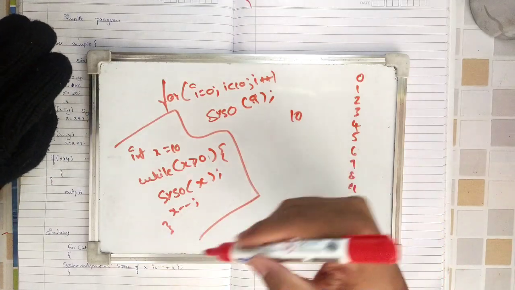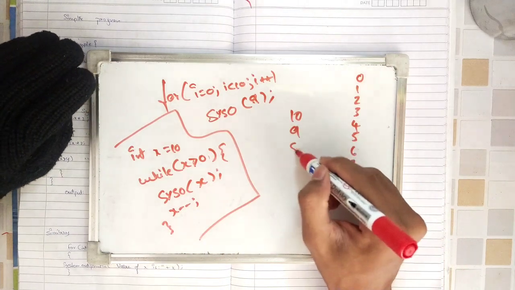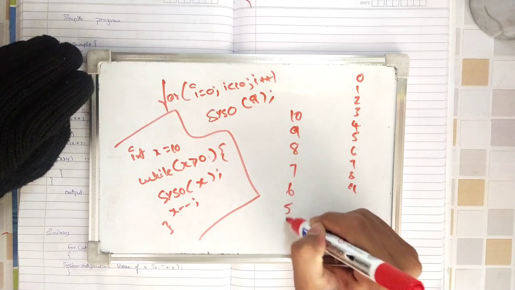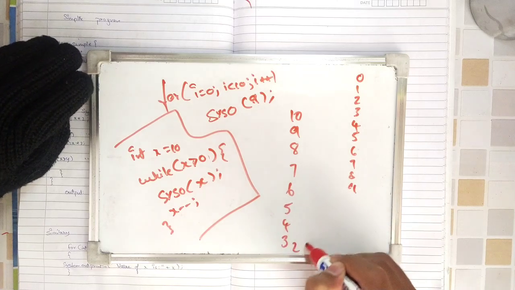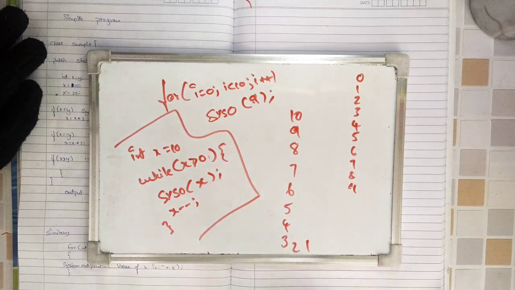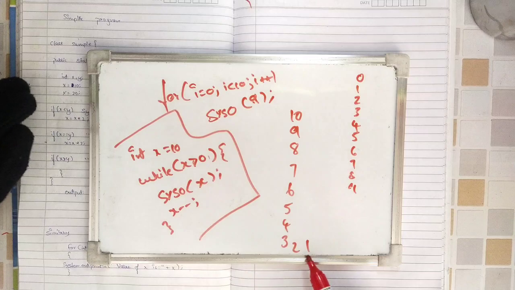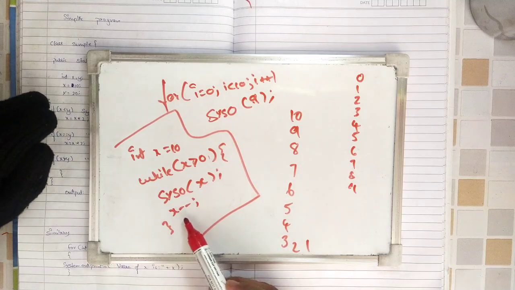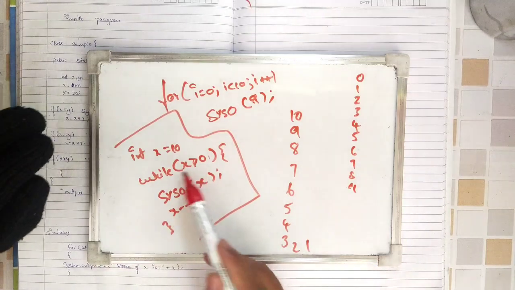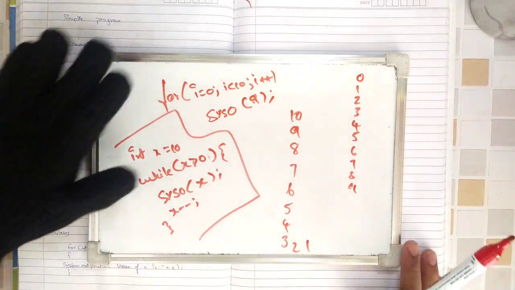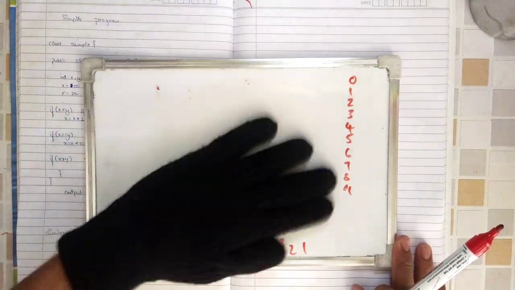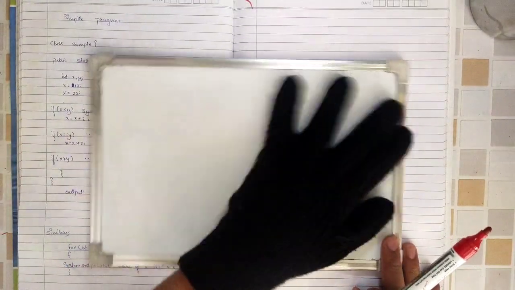Again it comes to the statement, and similarly prints 9, 8, 7, 6, 5, 4, 3, 2, 1. It won't print 0 because our condition is only greater than 0, not greater than or equal to 0. Once it is 1 and gets decremented to 0, the condition no longer holds and it breaks out of the loop. So this was the output for your while.